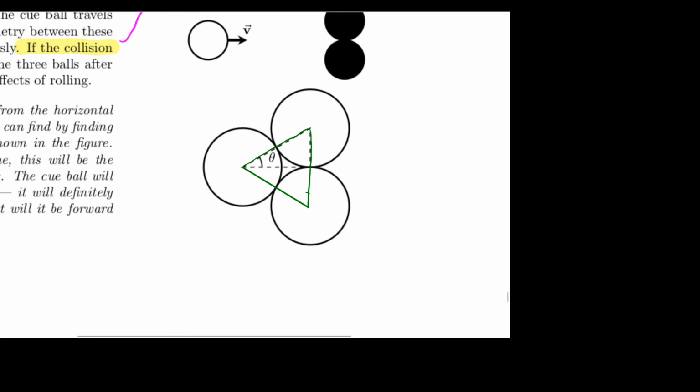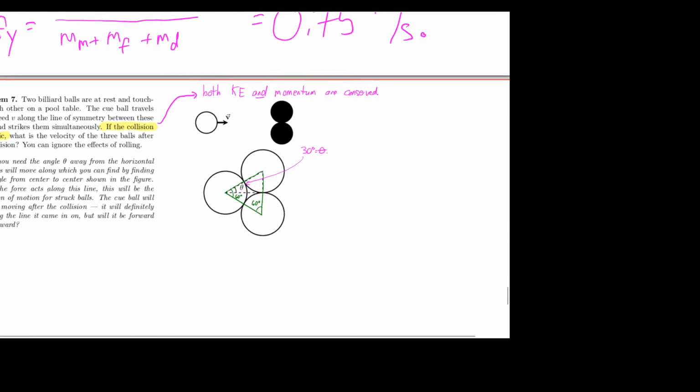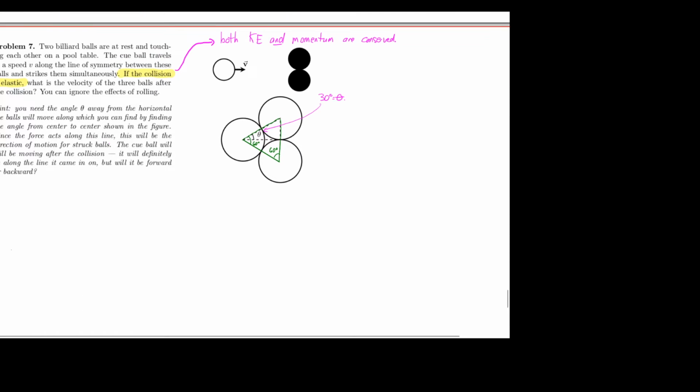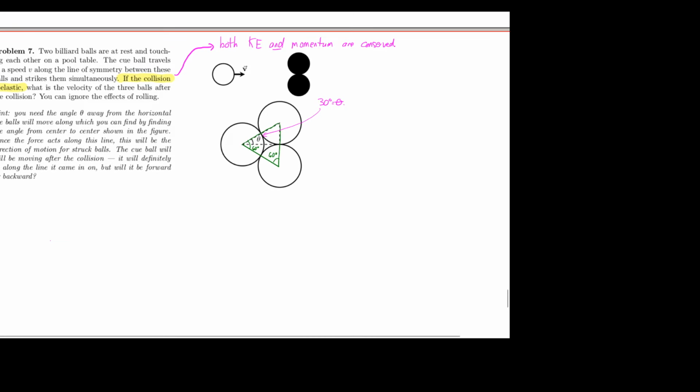That means that this angle is 60 degrees. This whole angle is 60 degrees, which means that theta drawn here is 30 degrees. We will need that later. Actually, I'm just going to draw my arrow over somewhere else and say theta is 30 degrees.